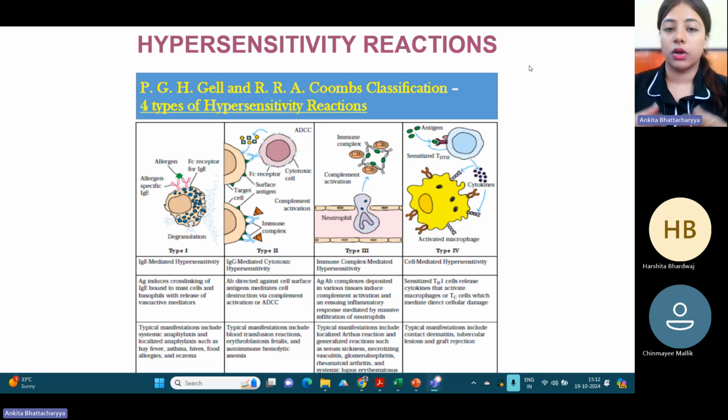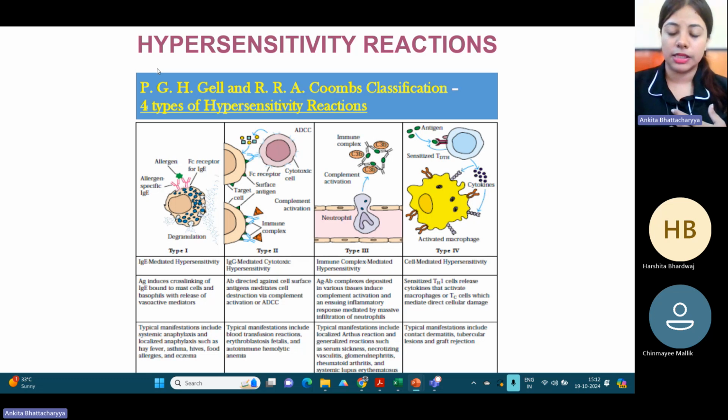Among these, we had gone into details about type 1 and type 4 in the previous classes, so we'll mainly be focusing on type 2 and type 3 today. Type 2 is IgG mediated cytotoxic hypersensitivity, and type 3 is immune complex mediated hypersensitivity. We'll come to that in the subsequent slides.